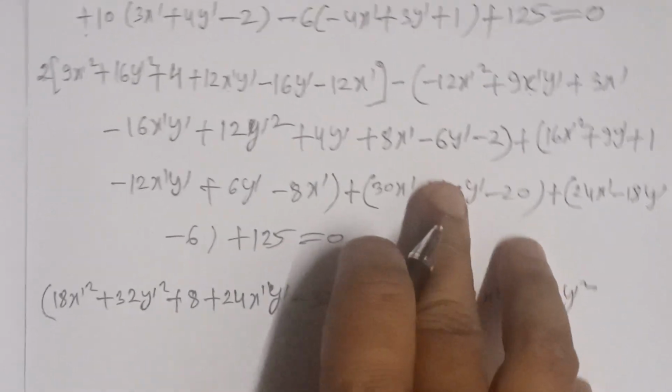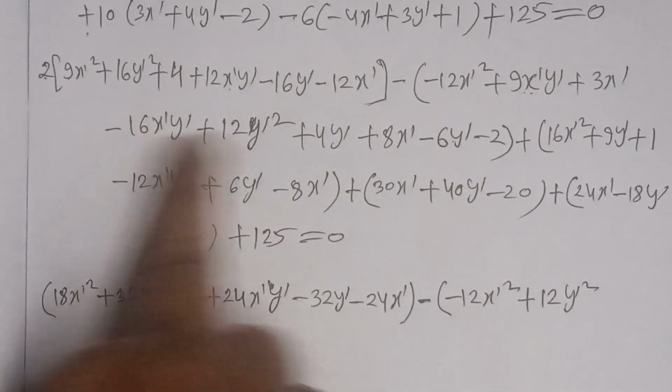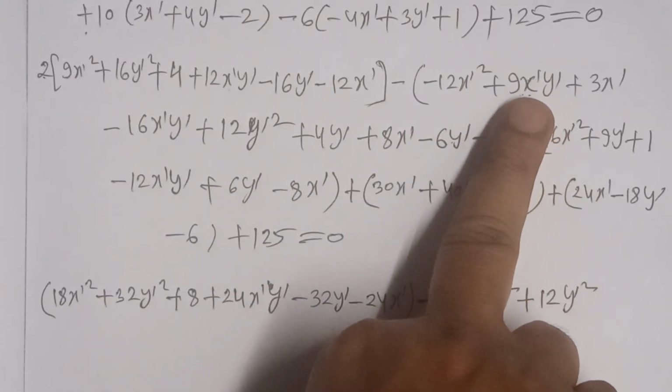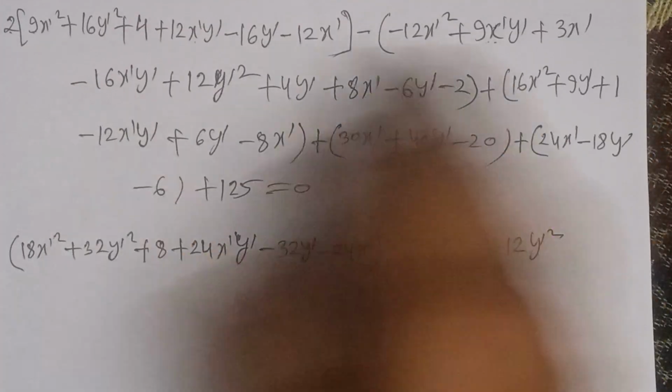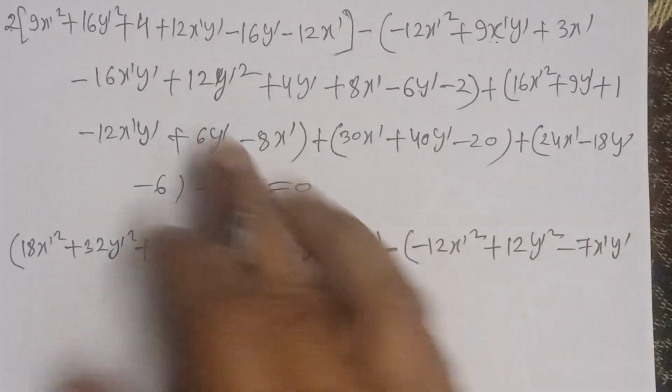Now collect the coefficient of x'y': we get 9 times plus and 16 times minus, we get minus 7 times x'y'.